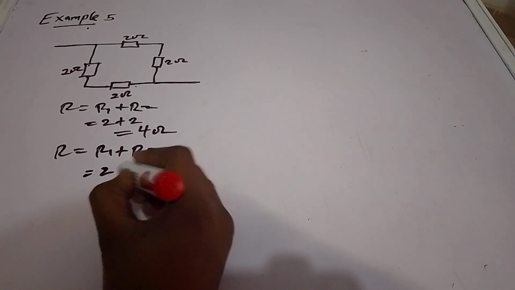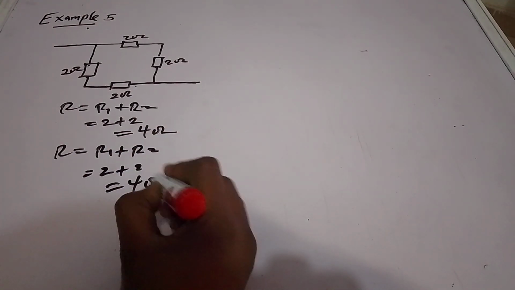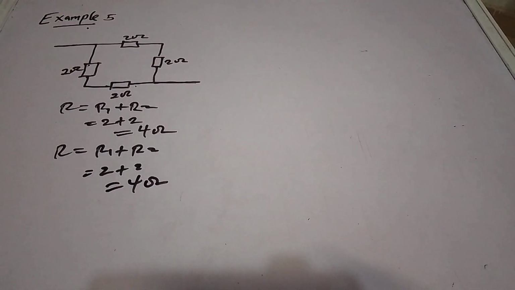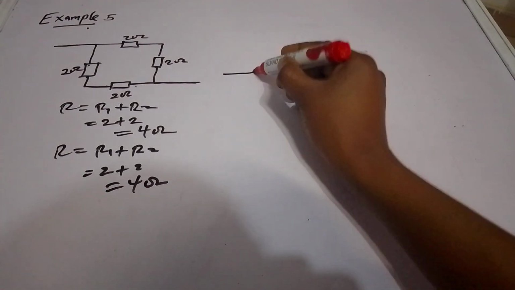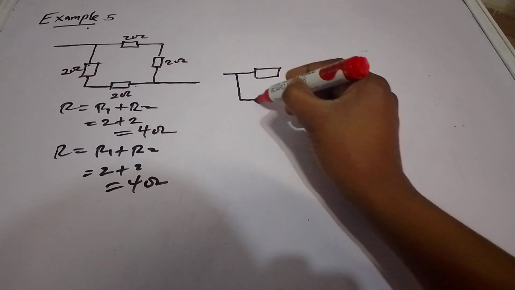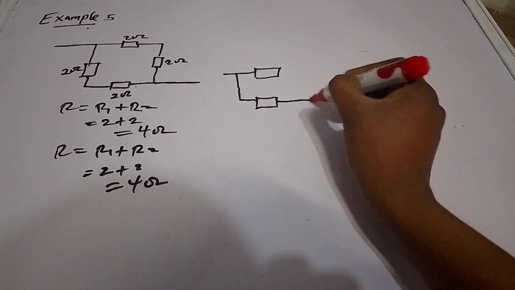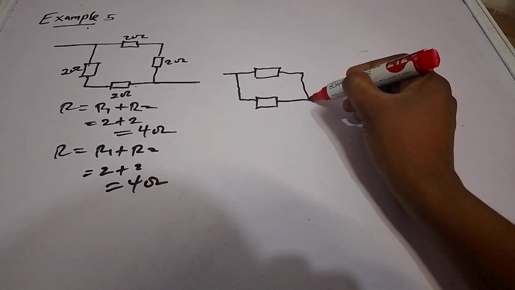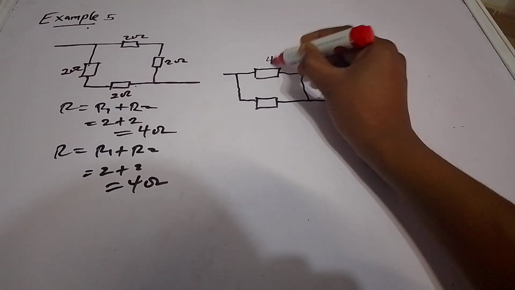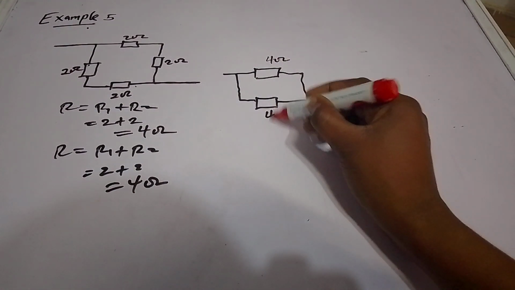It's also going to be 2 plus 2, which is 4 ohms. So it means this 2 has come together to be 4. This one has come together to be 4. So let's redraw the circuit and see how it's going to look. The circuit is going to look like this. It depends on how you want to draw it. So the circuit will now look like this, which means this 2 has come together to become 4 ohms. This one has come together to be 4 ohms.